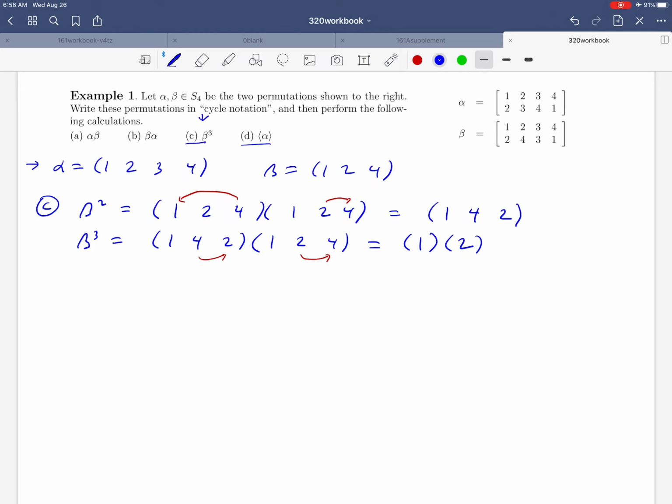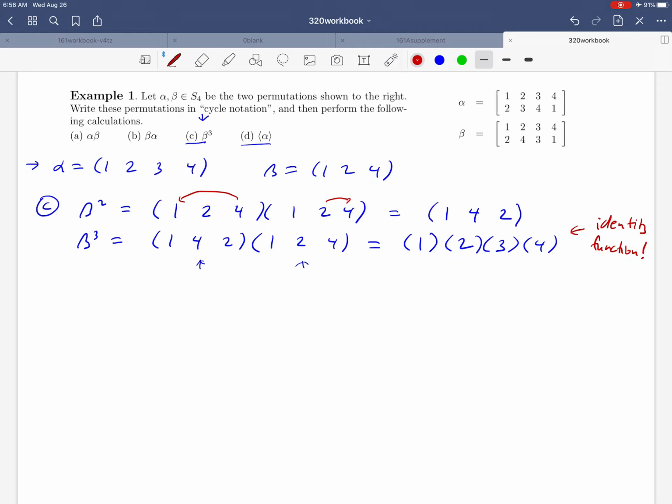What about 3? 3 doesn't appear in either of these cycles that we have here, so 3 maps to itself, and you can check that 4 would map to itself as well. So every single number maps to itself in this permutation. What we are really looking at is the identity permutation. Every number gets mapped to itself. So we have just found the identity element in this group S4.